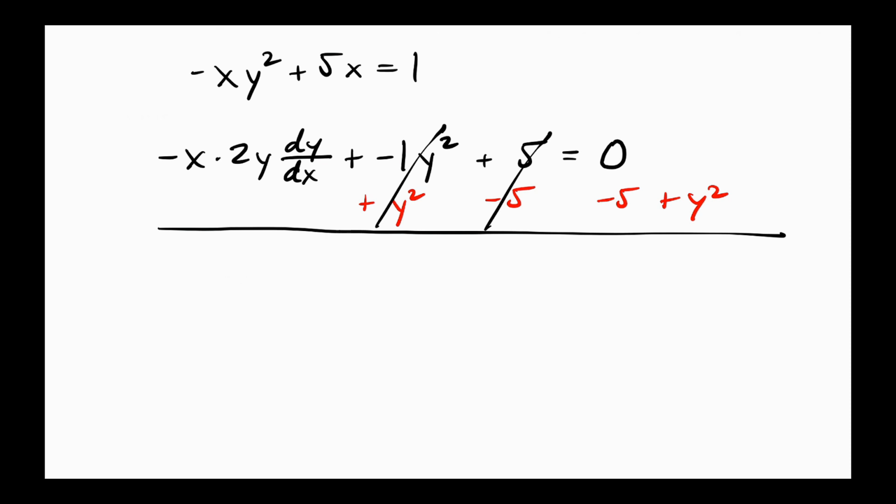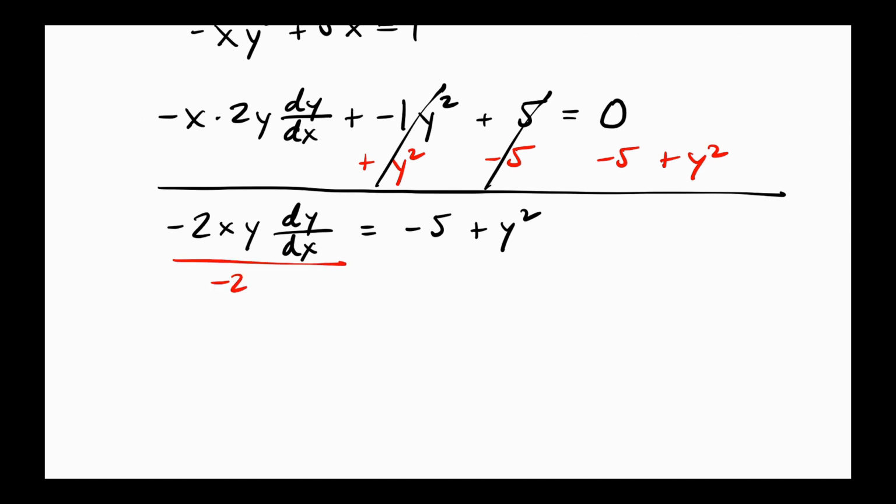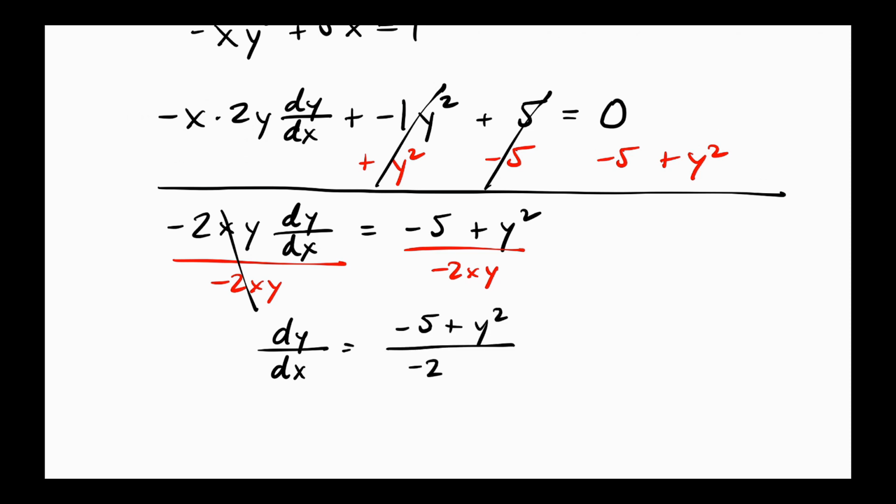Since this is multiplication here, I'm going to combine them. So -2xy dy dx equals -5 plus y squared. Divide by what I don't need. I don't need the -2xy on this side. So I get dy dx equals -5 plus y squared over -2xy.